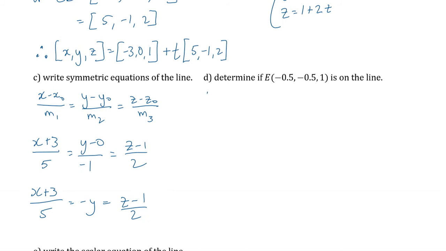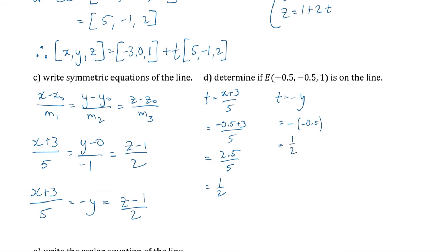So t equals x plus 3 over 5. But if x is negative a half, I got negative 0.5 plus 3 over 5, which is 2.5 over 5, which is a half. We don't usually work with decimals, but in this case, the question was given in decimals, so it makes sense to work in decimals.